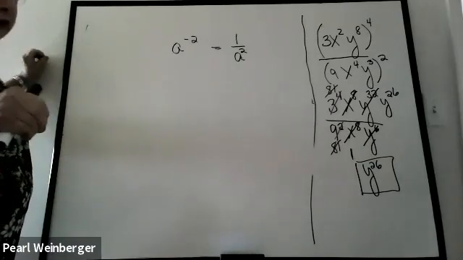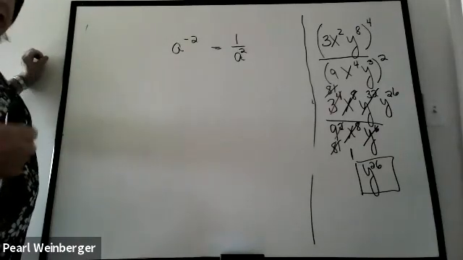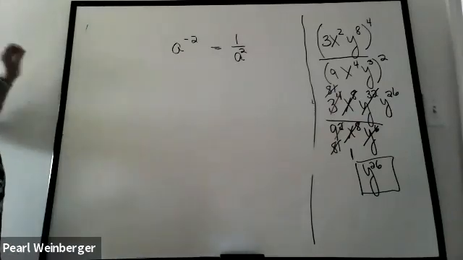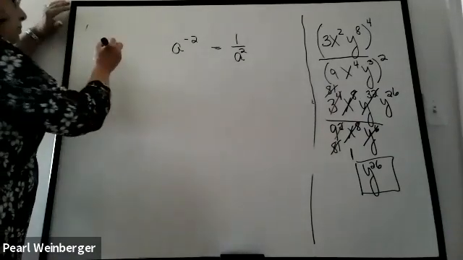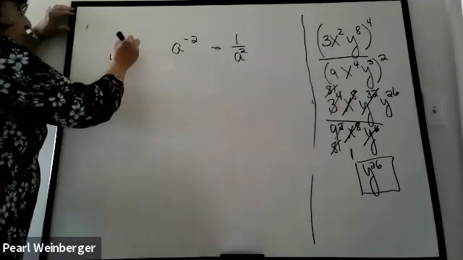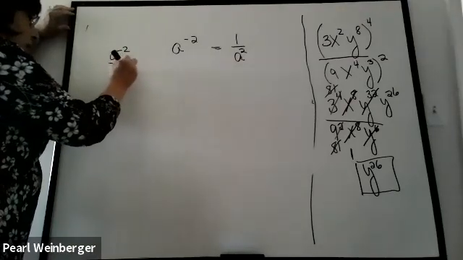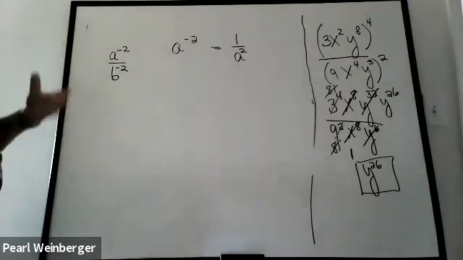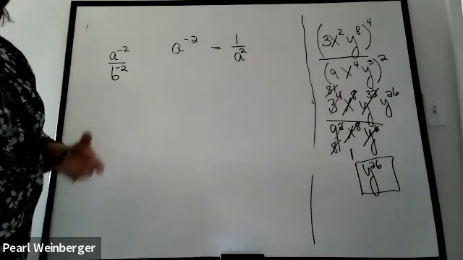I just want you to listen. And then I'm going to give you a short way to deal with it that's much simpler. But I want to do the long way so you'll understand why it works. Suppose I gave you a to the negative 2 over b to the negative 2. Now, when I say I want to simplify this, I really want to end up with no negative exponents.